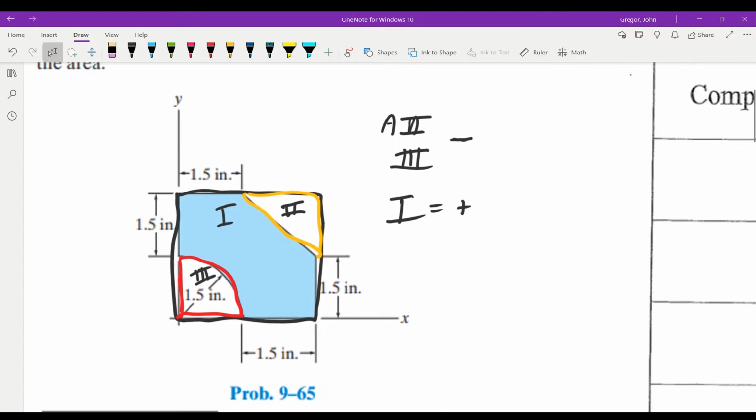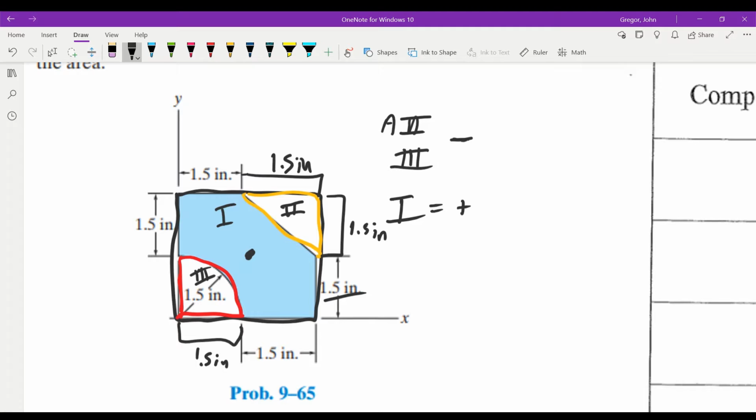So we're going to have the x, y. This is going to be just in the center, right? So it's going to be 1.5 inches, and it's going to be 1.5 inches to the center. Now, this triangle is going to be the same in there. It's going to be 1.5 inches there, 1.5 inches here.